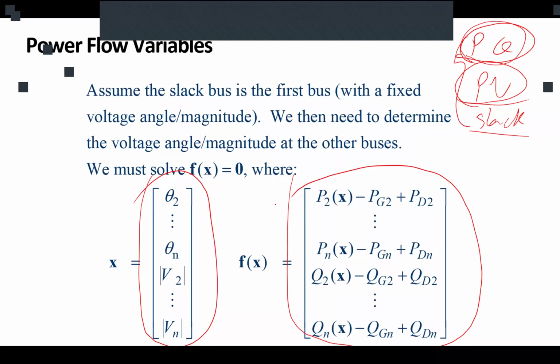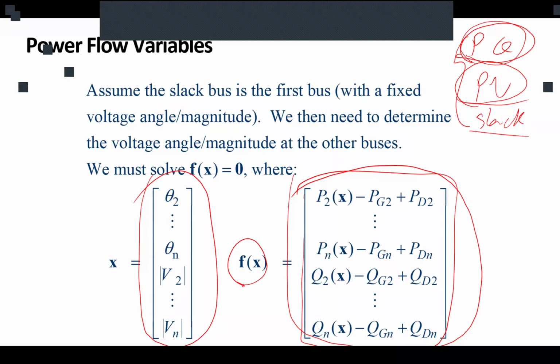Are we good? So f of x is basically those power balance equations for all the buses. And x here is the unknowns, voltages and thetas. Now, if you look carefully, you see that we only have theta 2 to n and voltage 2 to n, because the first bus, we consider it a slack bus, that doesn't change.